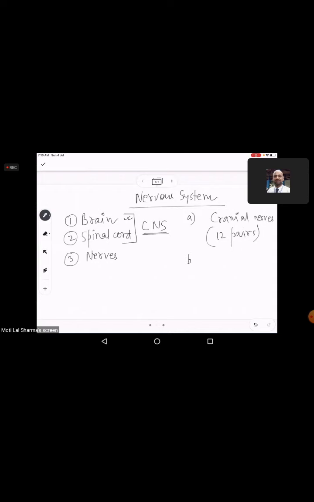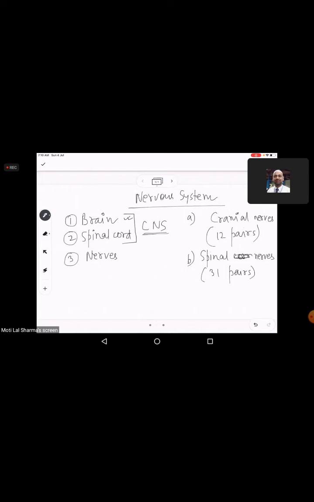Whatever nerves originate from our spinal cord are called spinal nerves. So nerves originating from spinal cord, their number is 31 pairs. So this is what we are going to discuss in today's class.